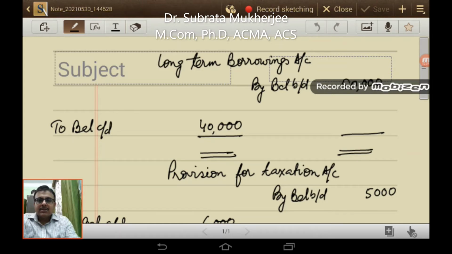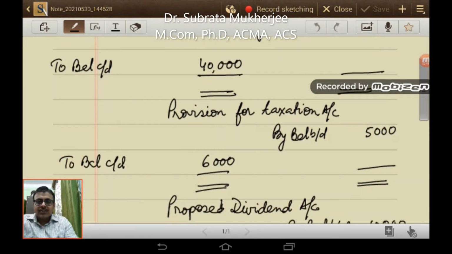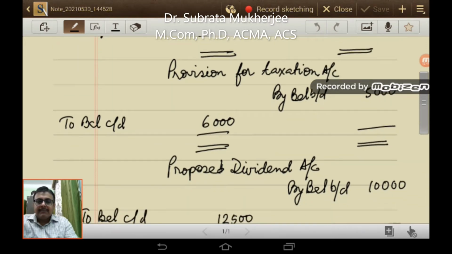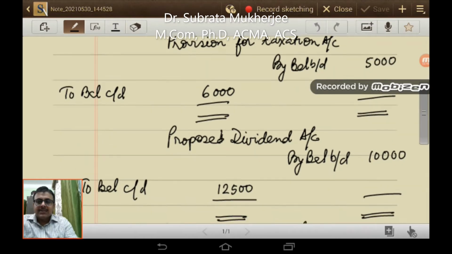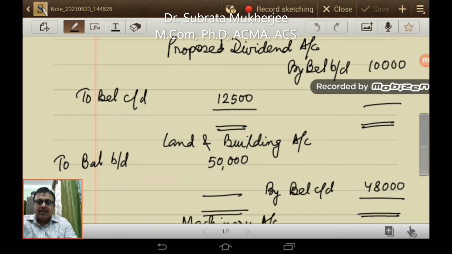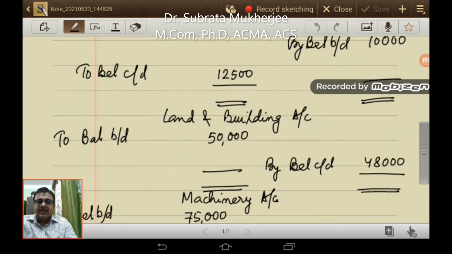Next is the long-term borrowing. By balance BD 50,000, to balance CD 40,000. Then provision for taxation. By balance BD 5,000 and to balance CD 6,000. Proposed dividend. By balance BD 10,000 and to balance CD 12,500. Then land and building. To balance BD 50,000 and by balance CD is 48,000.